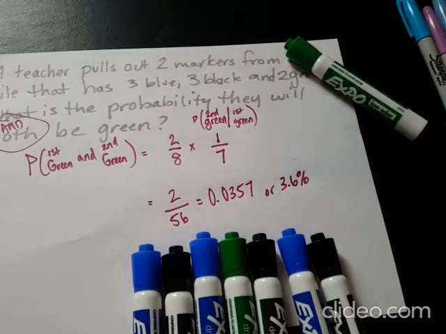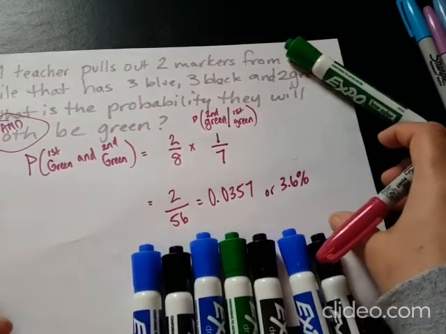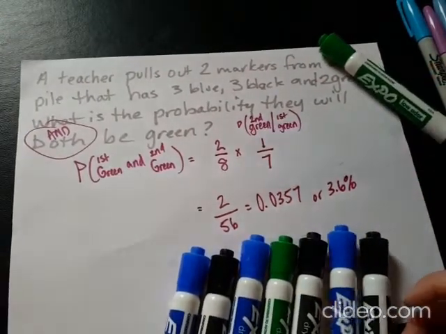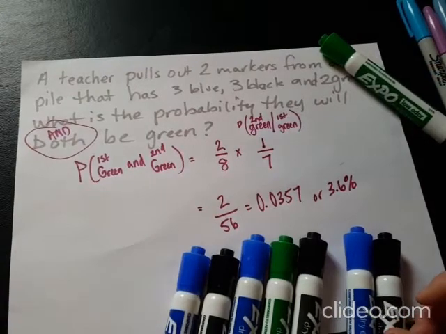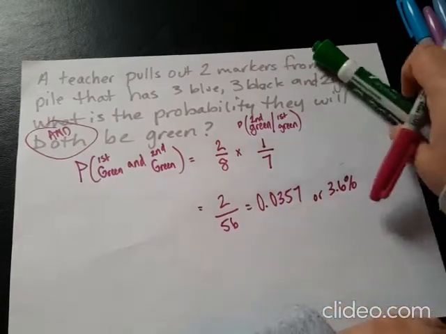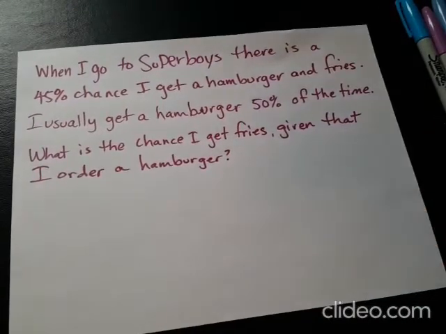So that's a sample question for dependent, where the outcome of the first event determines the probability of the second event happening. Now let's look at one of those conditional probabilities, or the ones that use Bayes' formula.